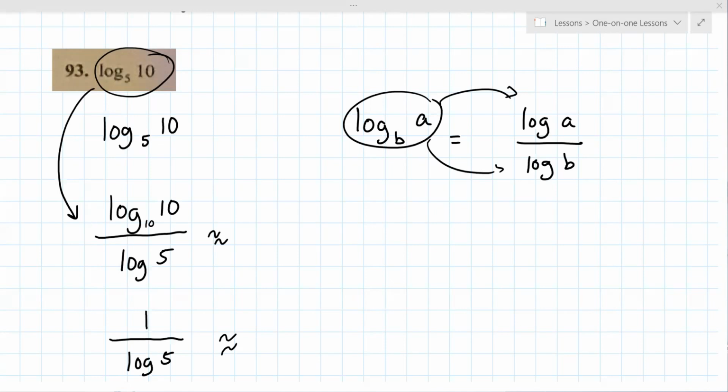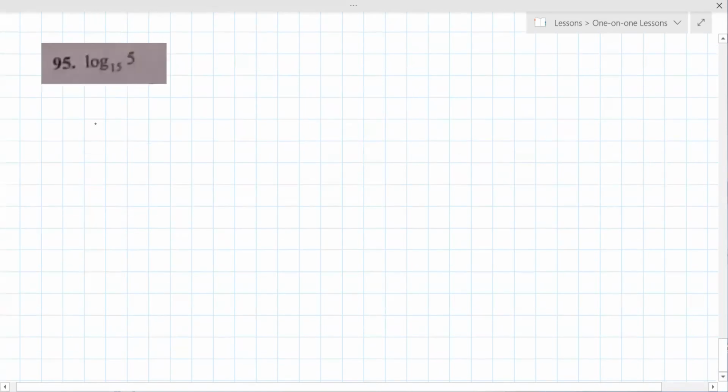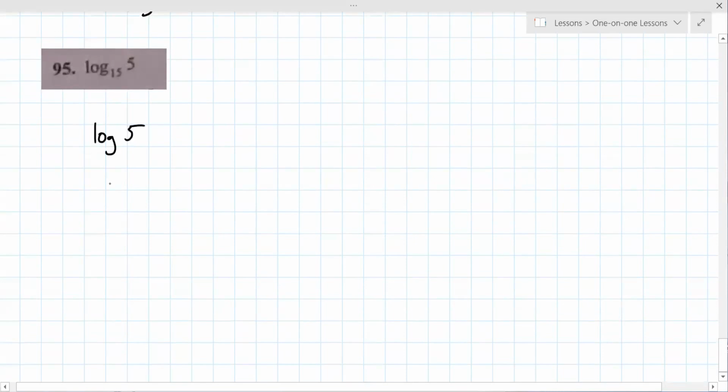So this one becomes log 5 divided by log 15. And you'll get whatever you get for that when you throw it in the calculator.